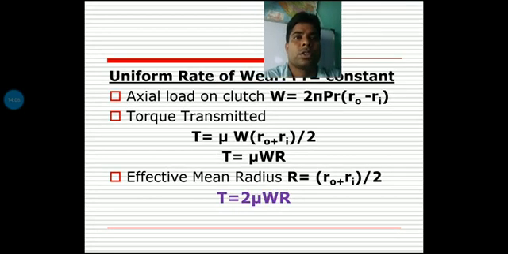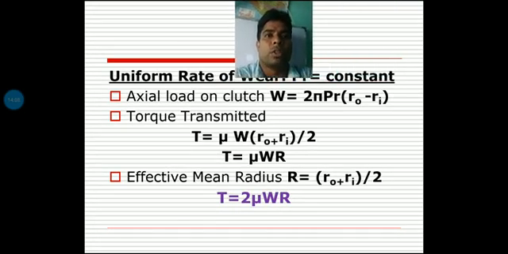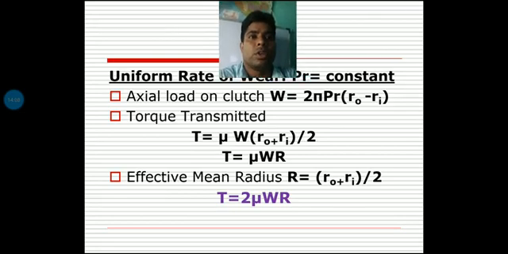Next, uniform wear theory. In uniform wear theory, total wear means the total intensity of pressure times distance will be constant.